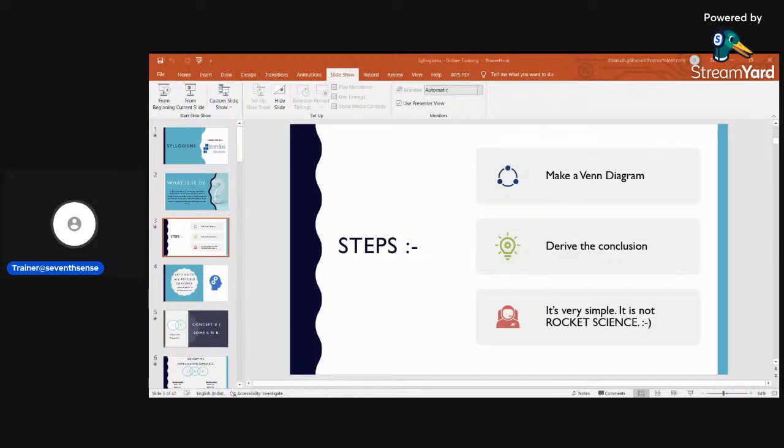Remember one thing: we can also make a negative conclusion if there is a negative statement. We'll get to this point in the next slides. For now, just remember that if there is no direct connection between two circles, we can't derive any conclusions unless the statement is negative.